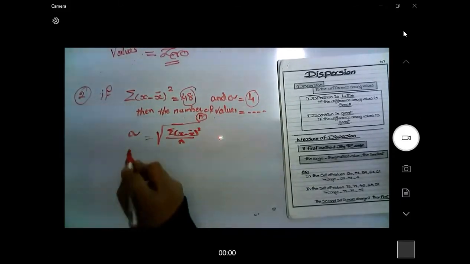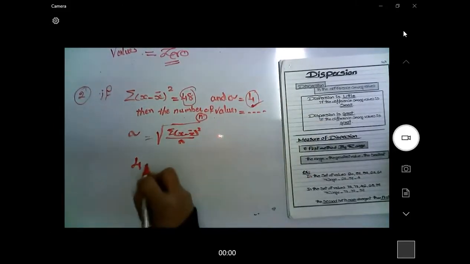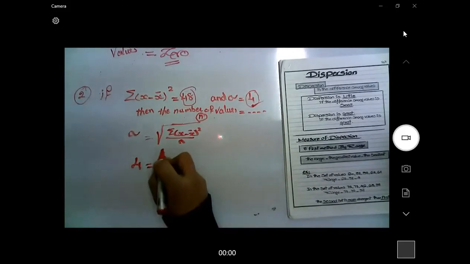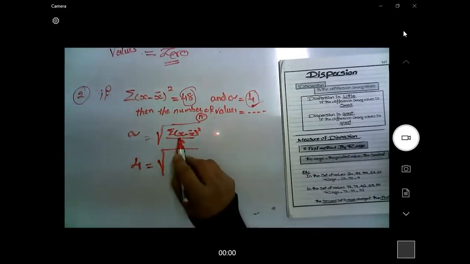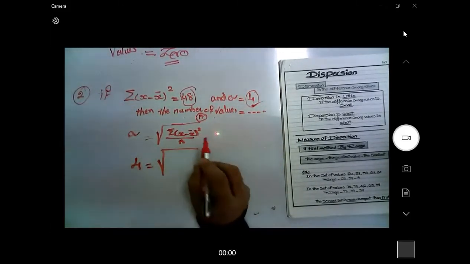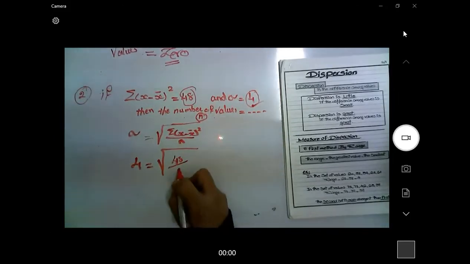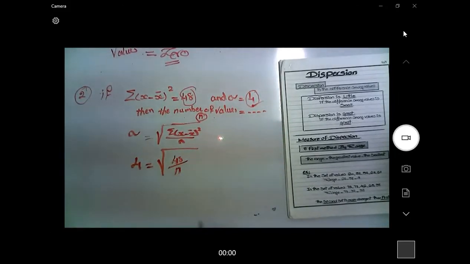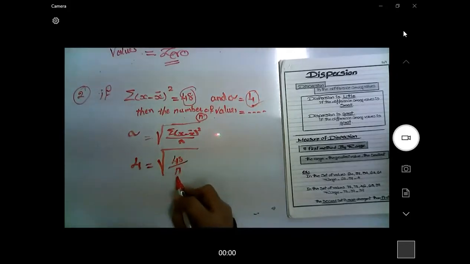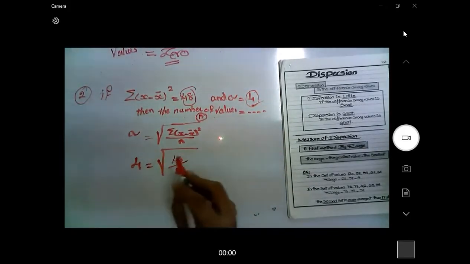We have the standard deviation 4, and the summation of (x minus x dash) all to the power 2 is 48, but the number of values is unknown. To get it, 4 equals the square root of 48 over n.